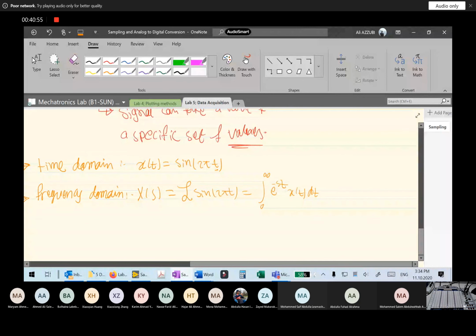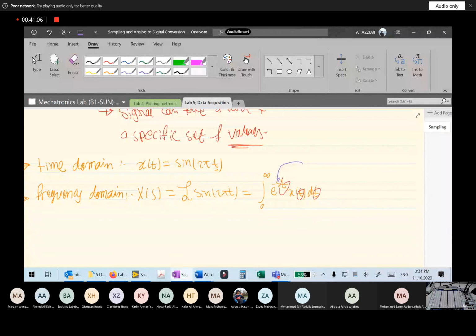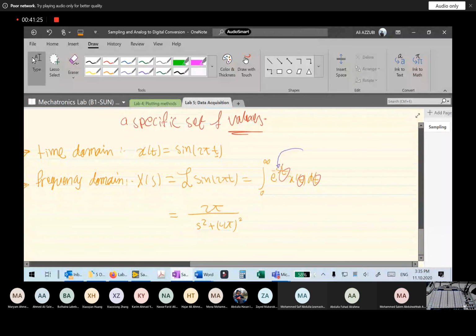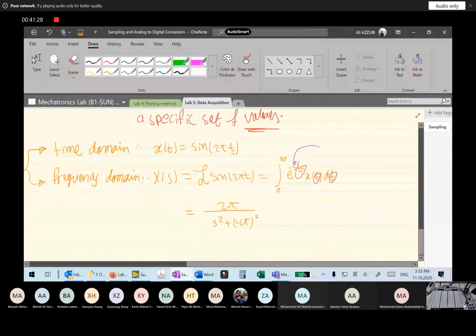The dt disappears, and the only variable left is s. The result is omega over s squared plus omega squared, where omega is 2 pi. We have tables for these that we memorize, Laplace and so on.